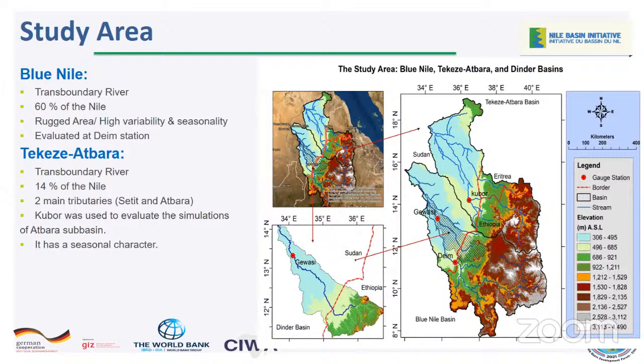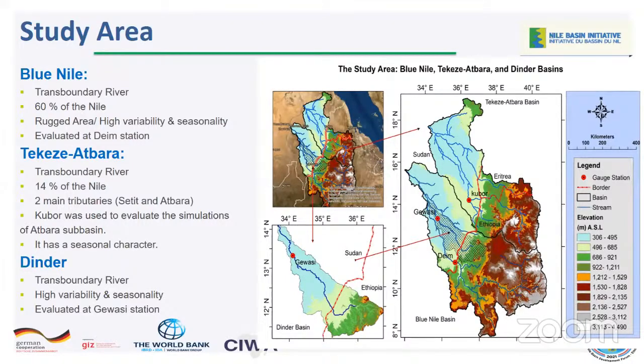In this study, we used the Kobor station to evaluate the simulations from the Atbarawi river. Kobor has a seasonal character; I mean, most of the time the river is dry.